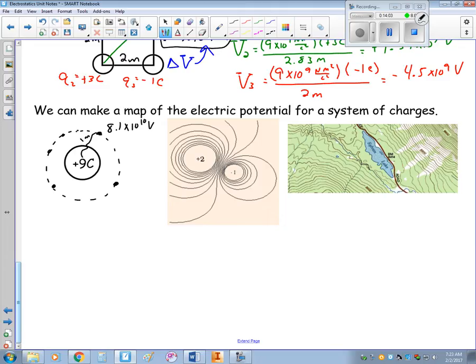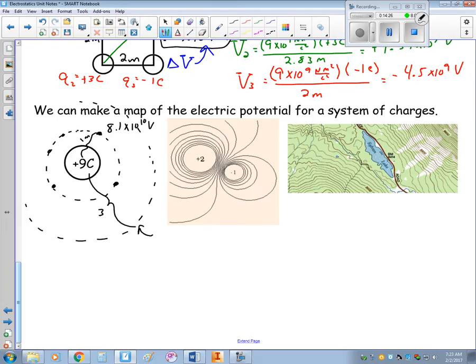And if I chose a different circle, let's say at 3 meters, I'd have 9 billion times 9, divided by 3, so that'd be 2.7.